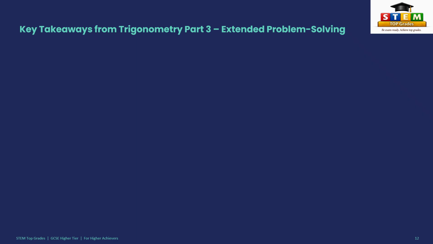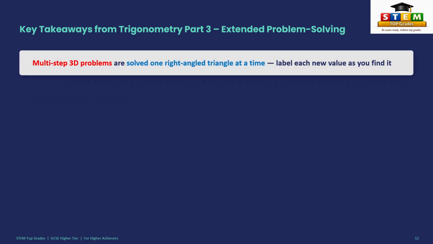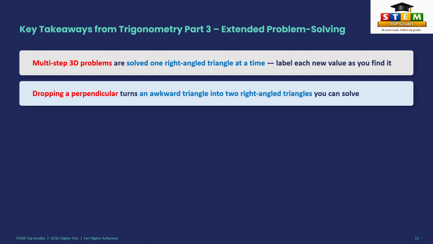Key takeaways from Trigonometry Part 3, Extended Problem Solving. First of all, multi-step 3D problems are solved one right angle triangle at a time. Label each new value as you find it. Dropping a perpendicular turns an awkward triangle into two right-angled triangles you can solve.